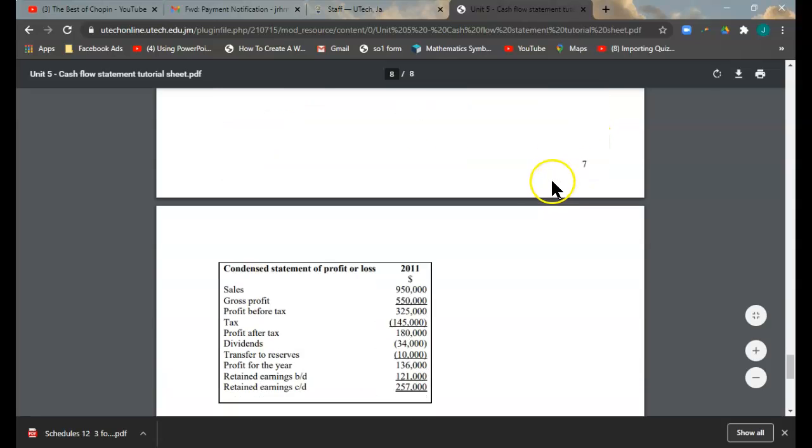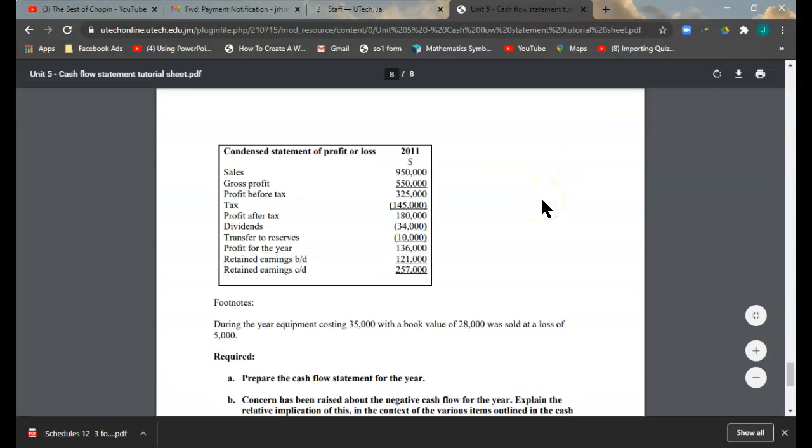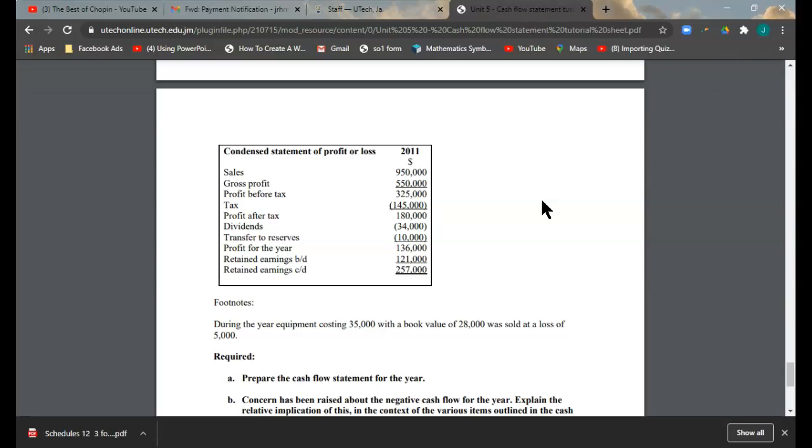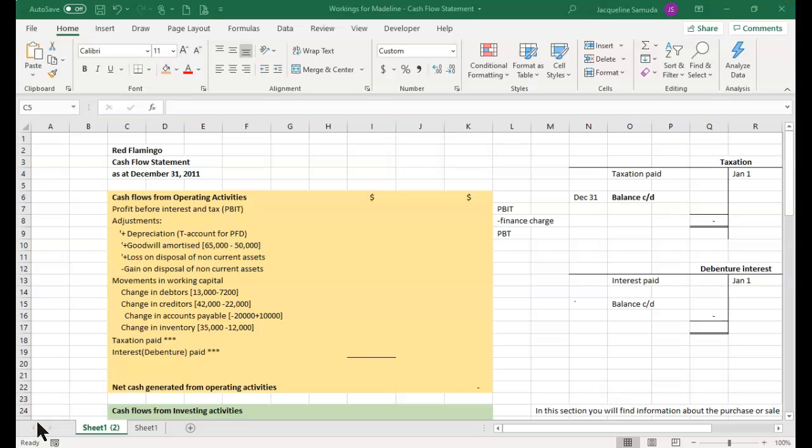So, with that information, let us now go over to the cash flow statement that I'm going to work on in Microsoft Excel. So now we're on the Excel sheet, and I have gone ahead and copied the template that I used in class on Wednesday and just deleted some stuff that was necessary in order to have this ready.